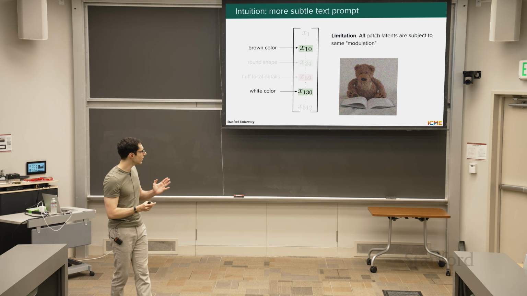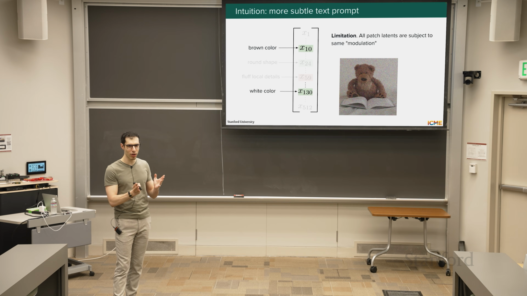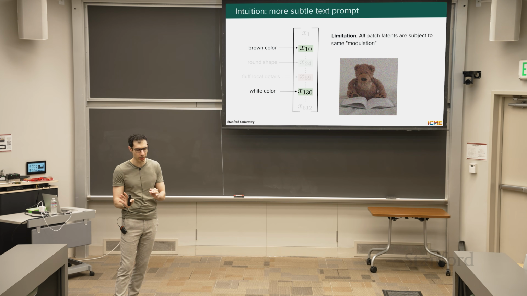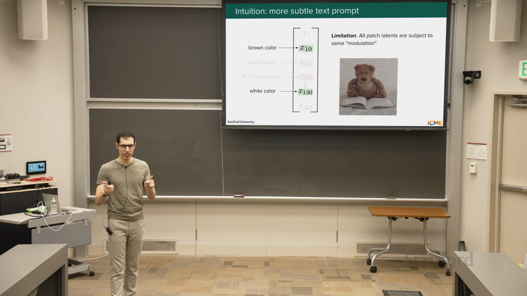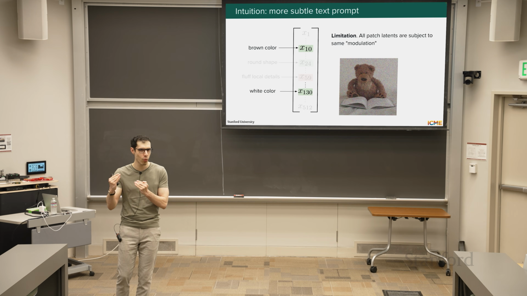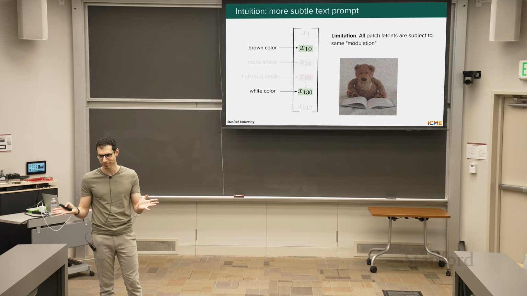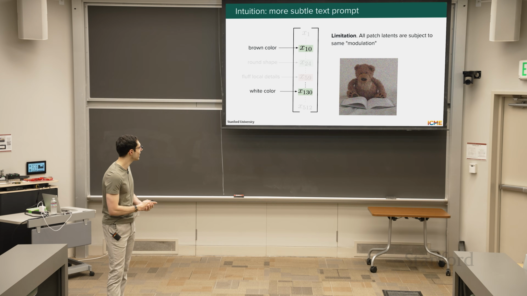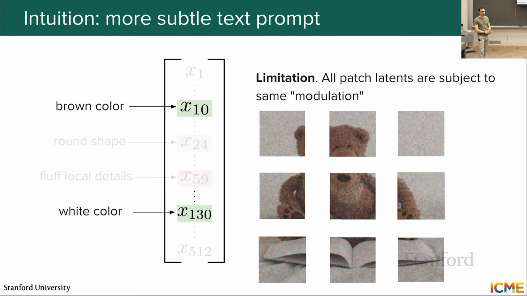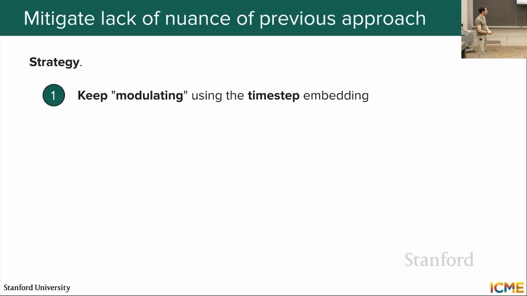But here what you want is for places where you have a teddy bear to have brown that's increased but not the white color, and for places where there is the white wall to have white increased but not brown. Well, you cannot do that with the DiT, and that's a big limitation, which is the reason why we want to change a little bit our approach.